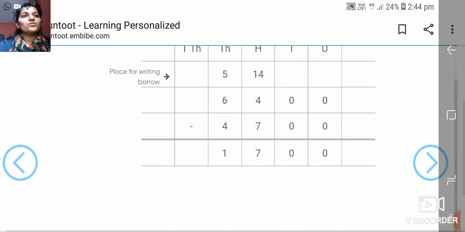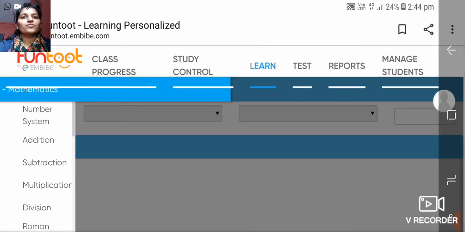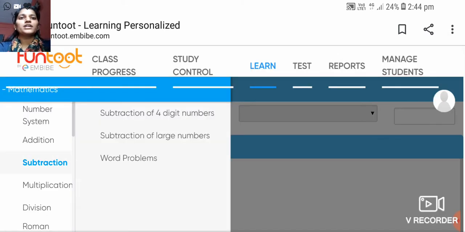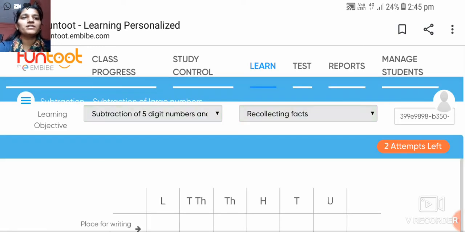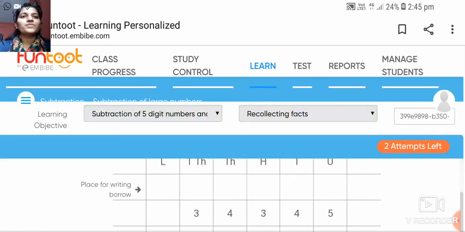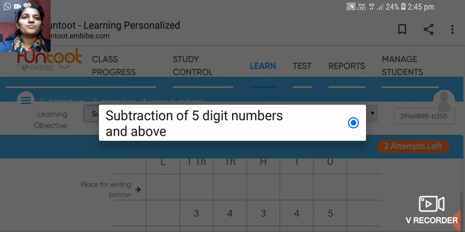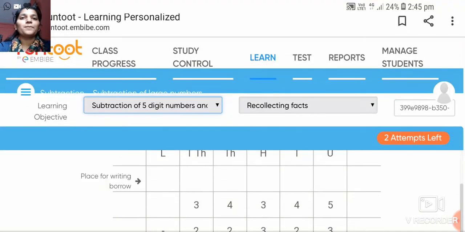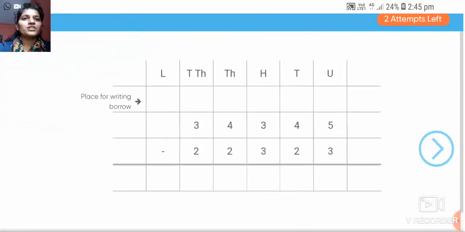So students, this is how you are going to solve subtraction of 4-digit numbers. Now we are going to take only one example of large numbers, subtraction of large numbers. Before that, let's see the learning objective. Yes, subtraction of 5-digit numbers and above. So let's solve. Here we can see that an additional place of lakhs is there.